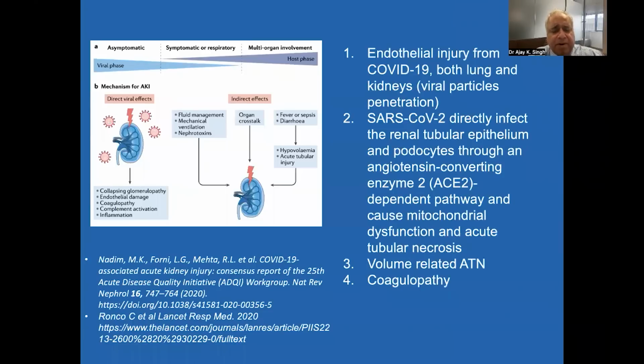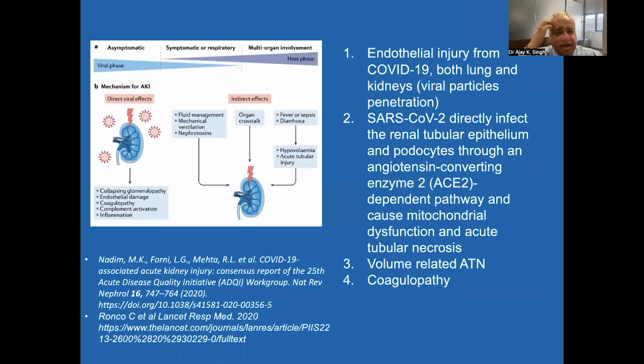The four things that are identified in the mechanism of acute kidney injury are shown on the right-hand side: endothelial injury, SARS-CoV direct infection of the renal tubular epithelial cell causing acute tubular necrosis, volume-related ATN or even volume-related hemodynamic acute kidney injury, and coagulopathy.